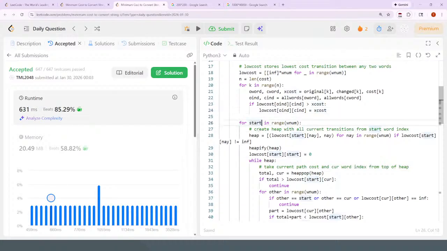So for every starting word index, consider all its neighbors. Let's say A goes to B and A goes to C, then B and C get added to the stack where I'm considering the neighbors of A. Here's a heap, so I'm considering all the lowest transitions.